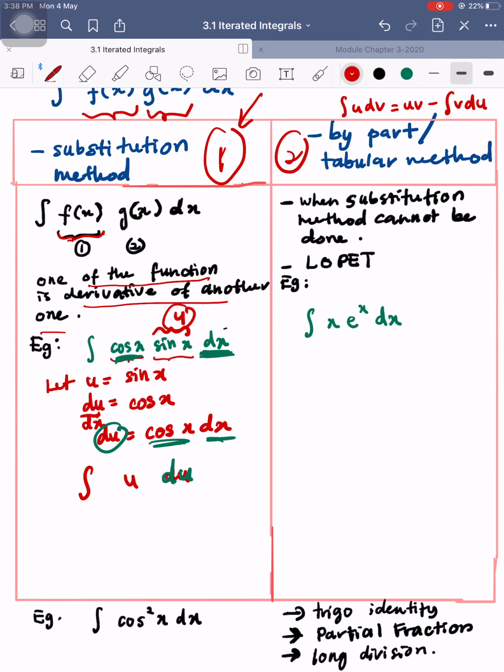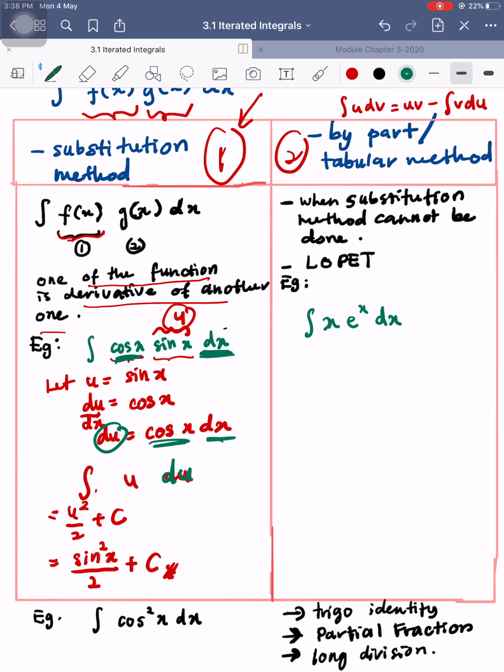Now you will get u squared over 2 plus c. Since there is no limit, you need to have plus c at the end. Change back u into the variable of x, since we integrate with respect to x. So u is sin x, and you have sin squared x over 2 plus c. Done.